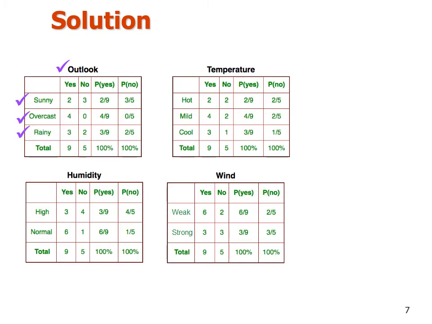We are having the columns yes, no, probability of yes and probability of no. So in this particular cell where we are having sunny and yes, the value is 2. So how do we compute this value 2 now?